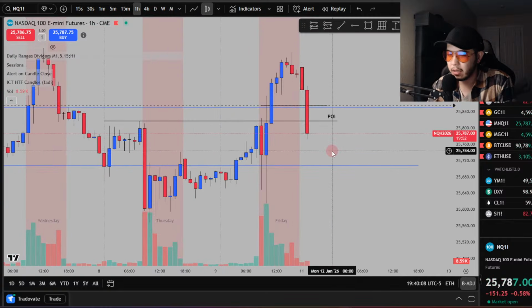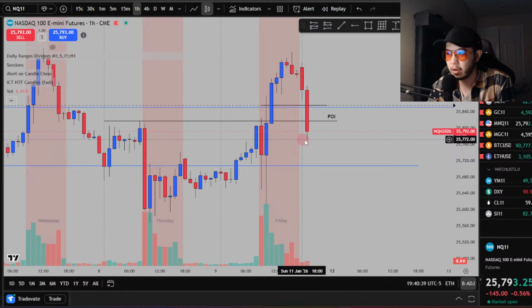As if the ICT concepts are not already complicated, he makes it even more complicated. And he's still profitable. It just shows you no matter how bad your strategy is, as long as you're confident and you take a shot at it, he's just throwing spaghetti at the wall and seeing what sticks. It's extremely complicated if you listen to him explaining his strategy, and I'm like, what? What are you talking about, my guy?